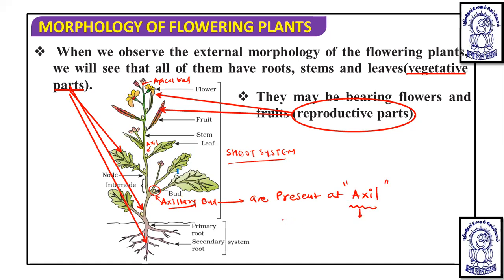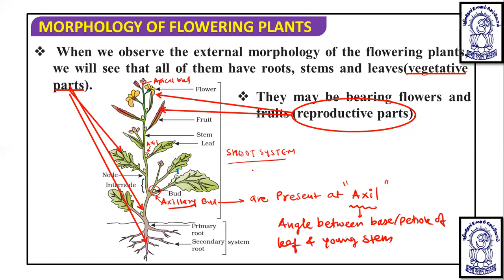Axil is nothing but the angle between the base or petiole of the leaf and the young stem. See, here it is forming the angle, that is axil. We can't say this is the axil because it is the older stem. The younger stem will be on the upper side. So the angle between the upper younger stem and the petiole is known as axil, and whatever bud is present in this is known as the axillary bud.